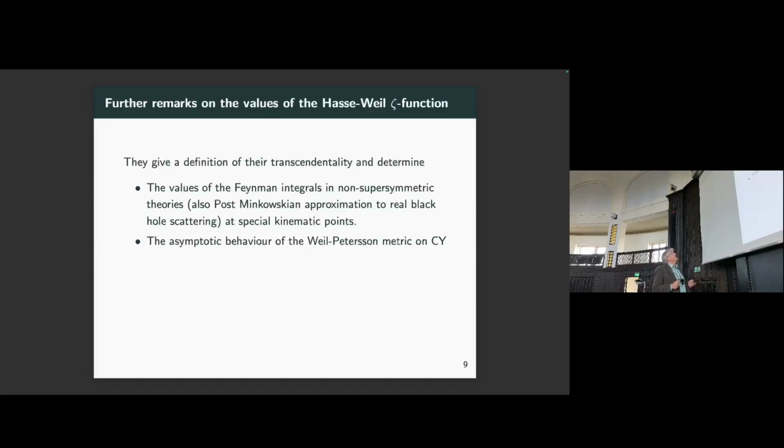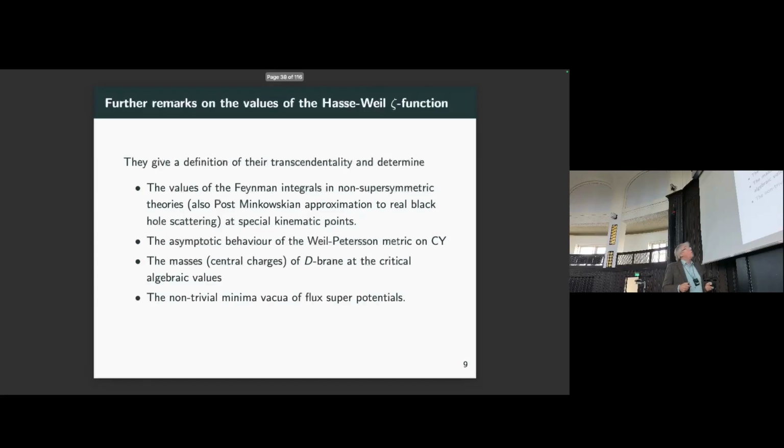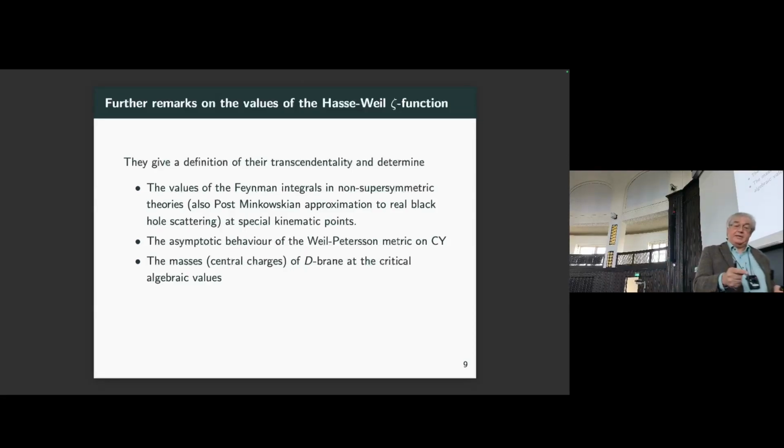So then what's more is, they determine the masses of the D-branes, because these are values of the periods, and it turned out that these values of the periods are given also by these L function values.